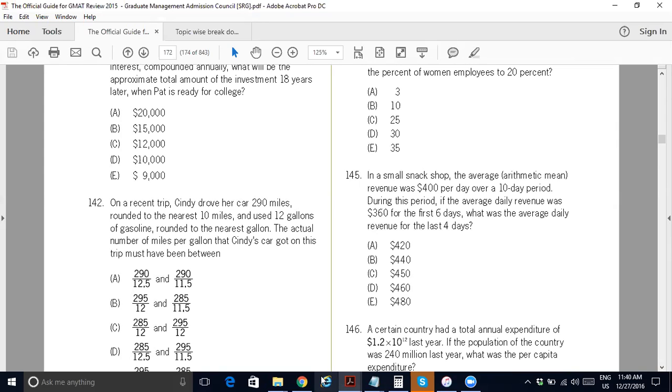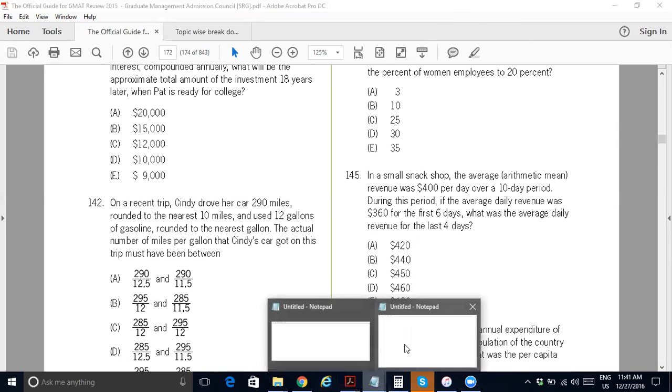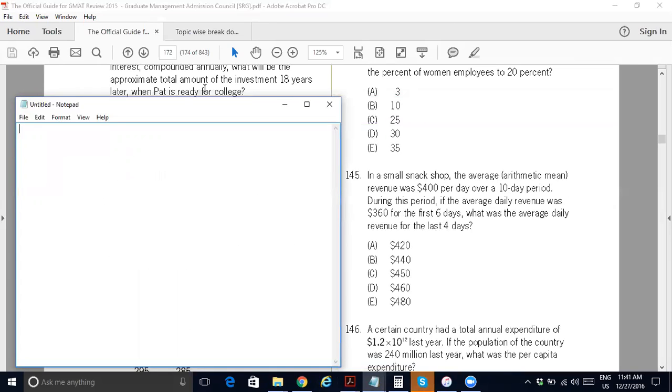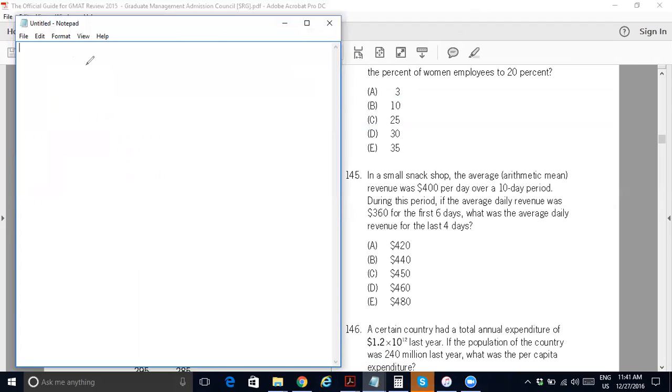Right now I'm making the chart for the alligation method. So I have 360 and then 400, and then 400 minus 360 is 40. So on one side, 360, and then you have 400 in the middle. And then on the top right, you have last 4 days, which you don't know.